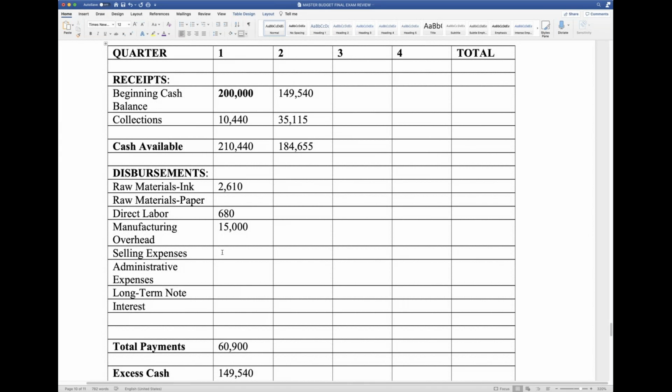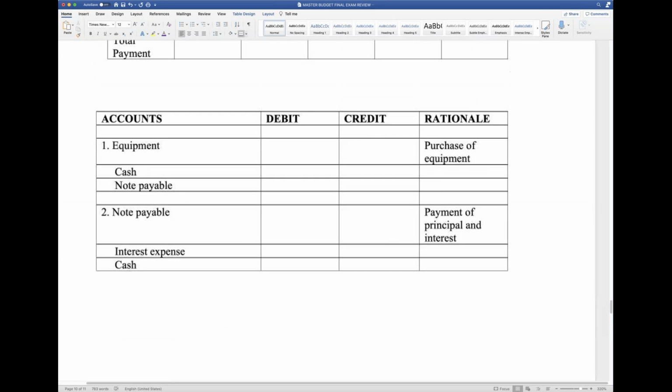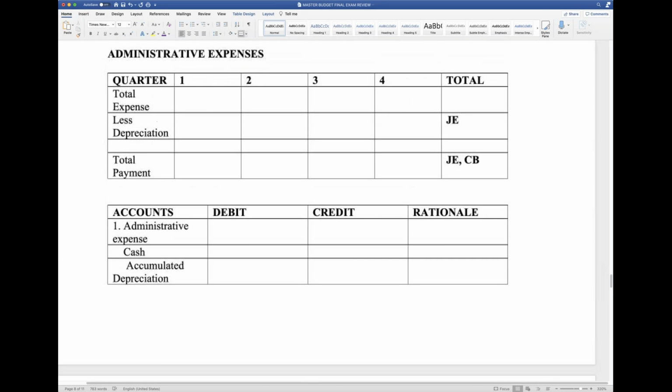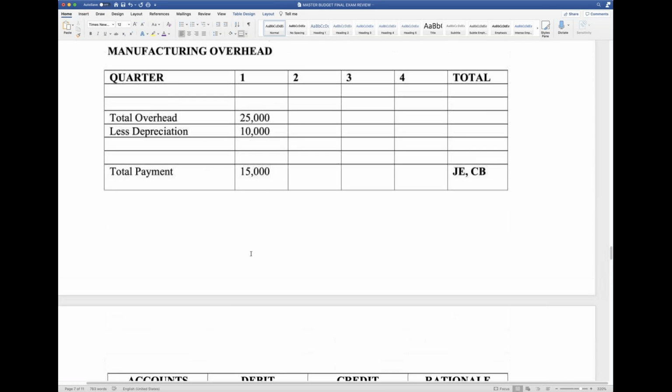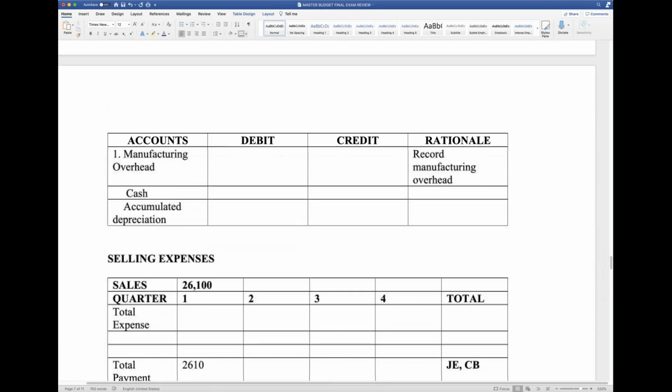Administrative. All right, got that in. Let's get the administrative expense and we'll be all done. The administrative expense is 50,000.